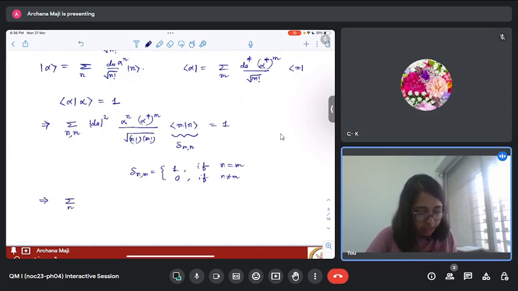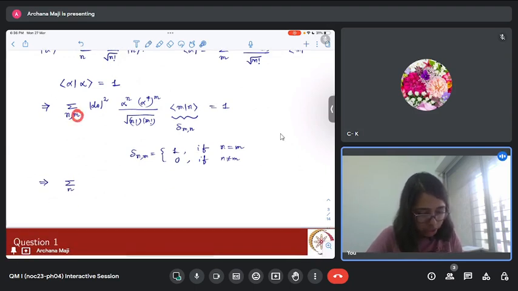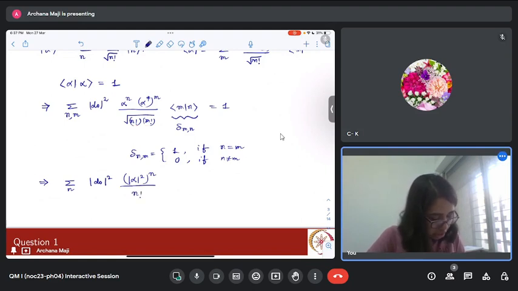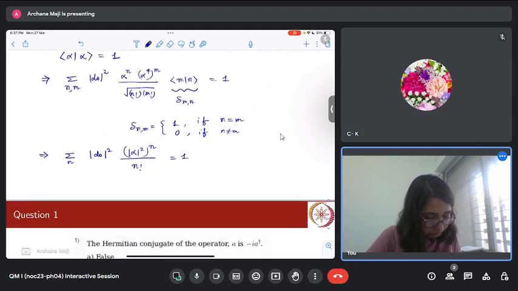So we get summation over n, since we are taking the summation over m here. Summation over n remains: d0 mod square. Now alpha to the power n, alpha star to the power n will give us mod of alpha square, whole to the power n. Now square root of n factorial times n factorial, so we can write it as n factorial, that is equal to 1. Now what is this entire thing?